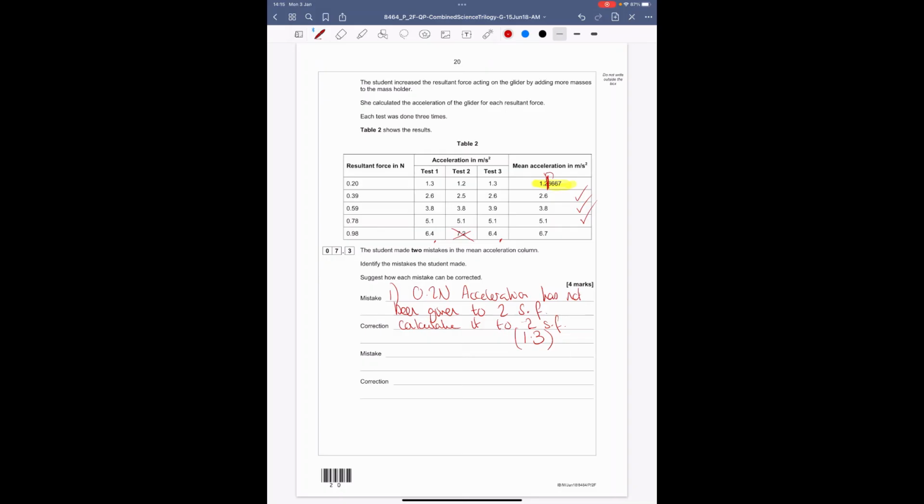So, mistake, she has included 7.2 in her calculation. So the correction would be to remove the anomaly from the mean. So therefore, it would go back to being 6.4 instead of 6.7.